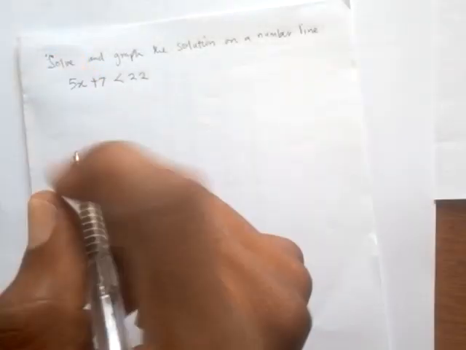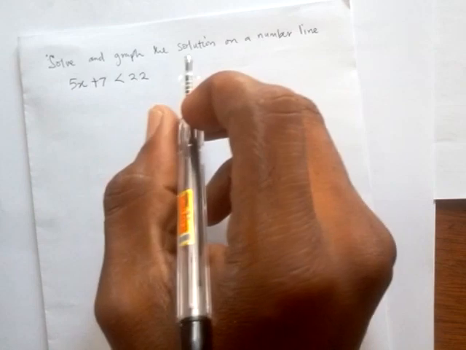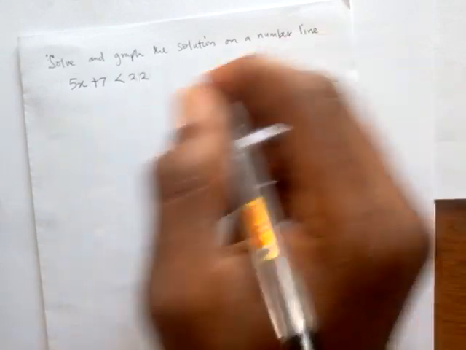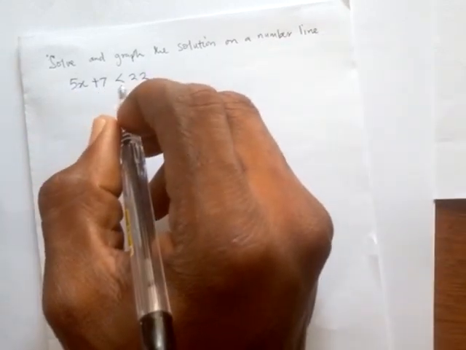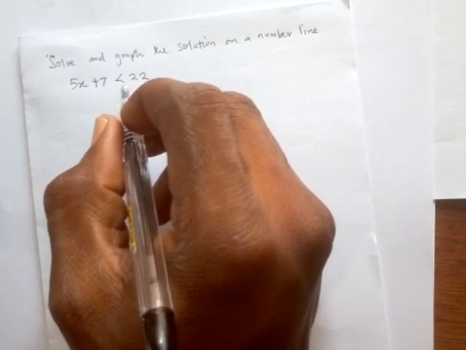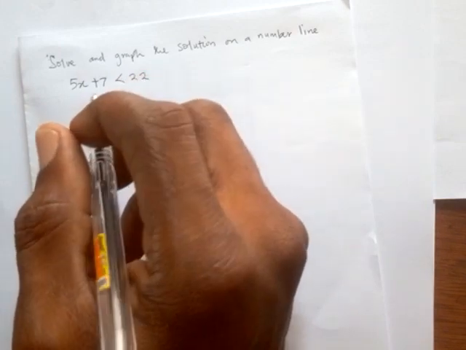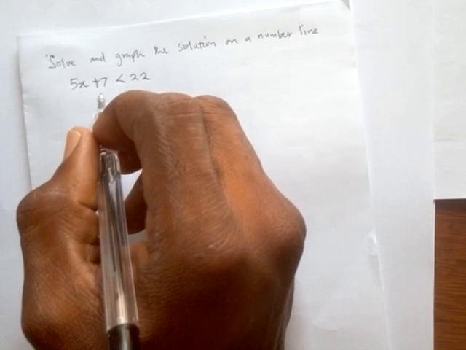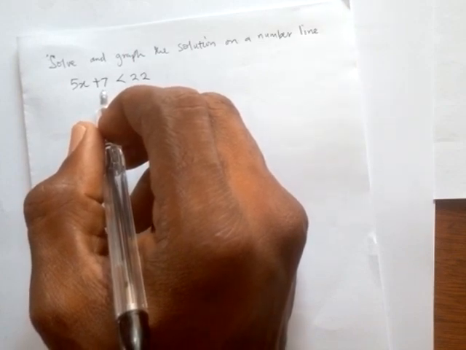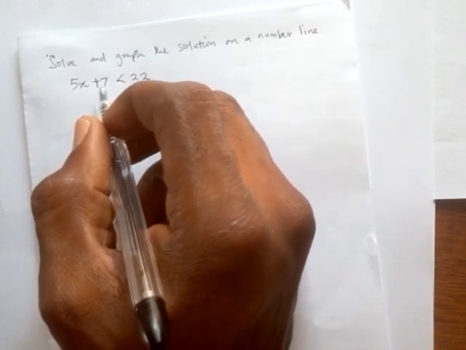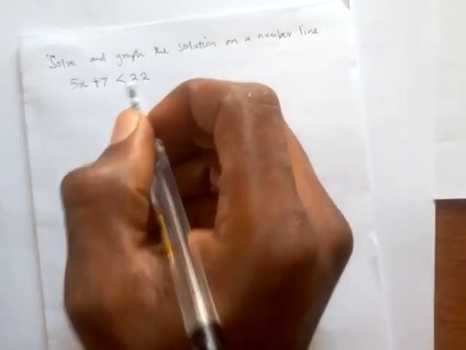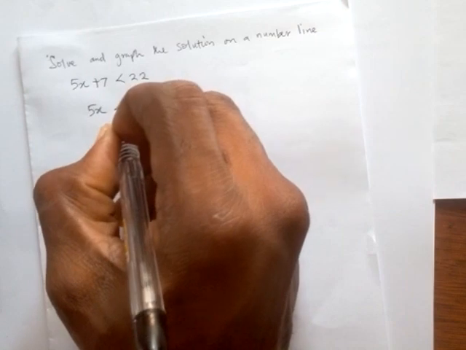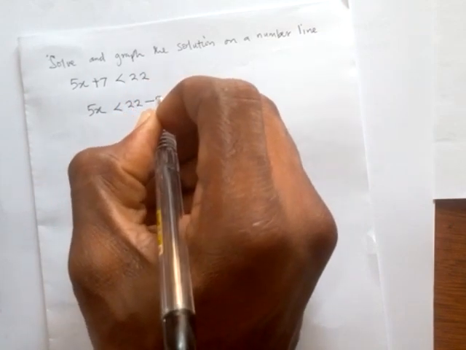We have another example given to us here. Solve and graph the solution on a number line: 5x plus 7 less than 22. In solving this, we'll quickly and simply send this plus 7 over to this side, and then it becomes 5x less than 22 minus 7.